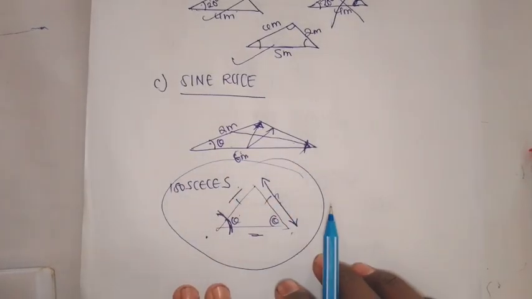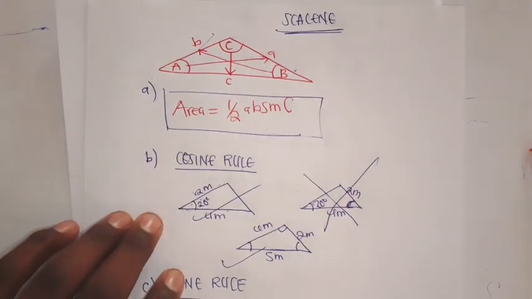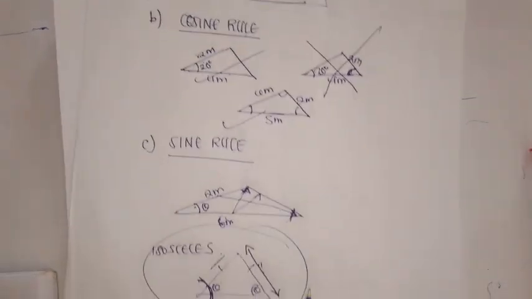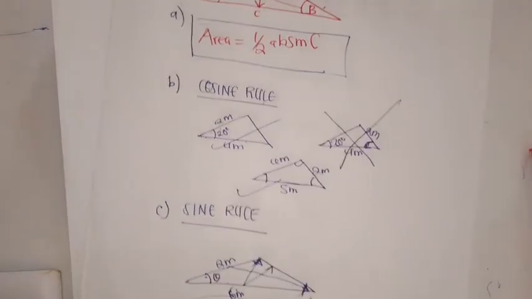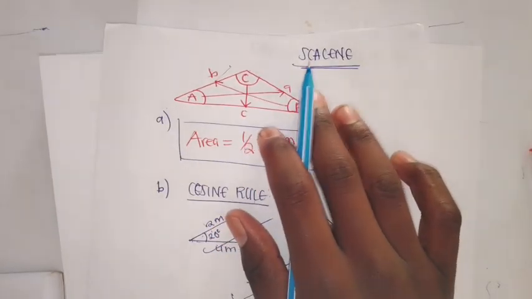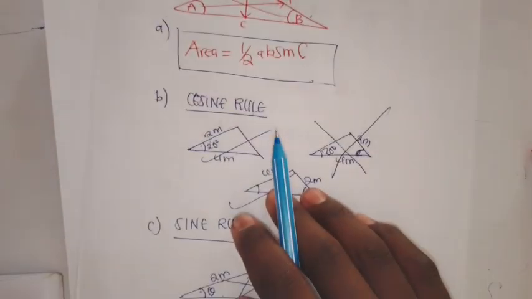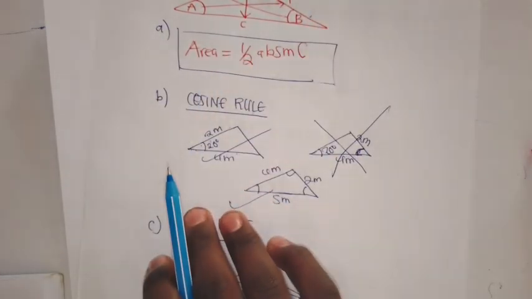Okay, so we have A, B, C. This is under what? Scalene triangle. So under scalene we have the formula for area. We discussed this one.